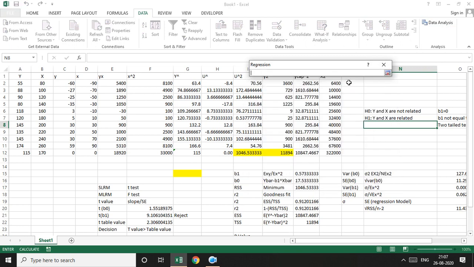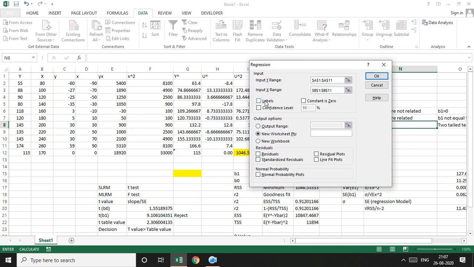Then you select the Y range. Y range means your dependent variable. Then you select your independent variables. Then you click labels, and then you just click OK.